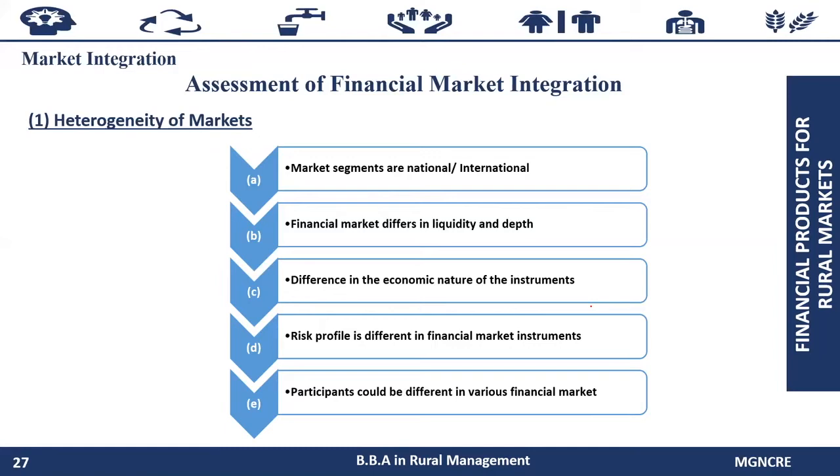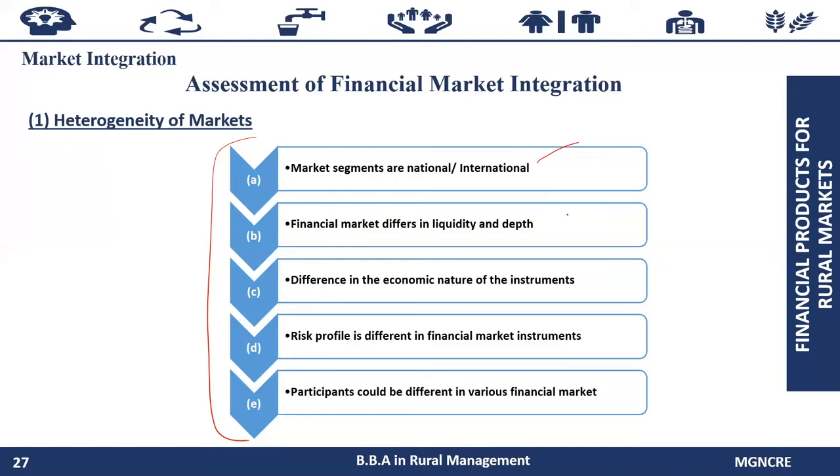In a market, there are five kinds of heterogeneity. First is market segment. Market segments are national or international. This depends on whether the financial transactions occur amongst participants within the country's geographical boundaries or across borders.